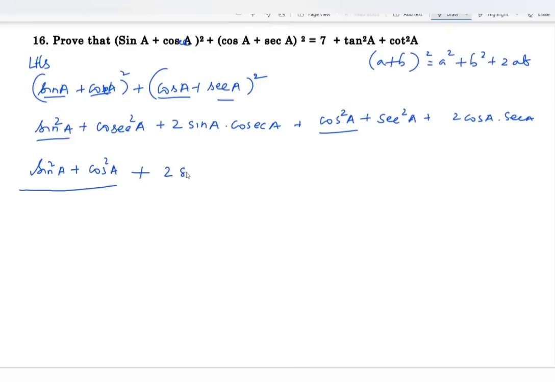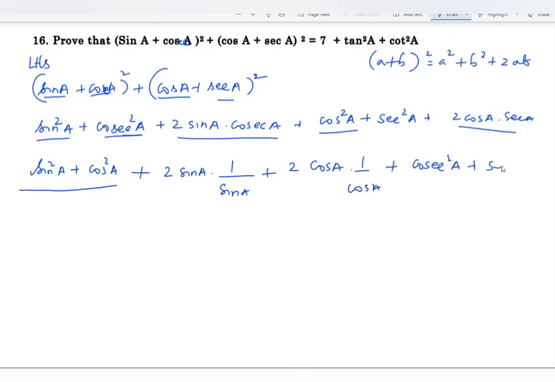Now this term 2 sin A into cosecant A, I am writing cosecant A as 1 by sin A, and here this term 2 cos A into secant A, I write secant A as 1 by cos A. What is remaining now? Cosecant square A plus secant square A. Now sin A, cos A will cancel.